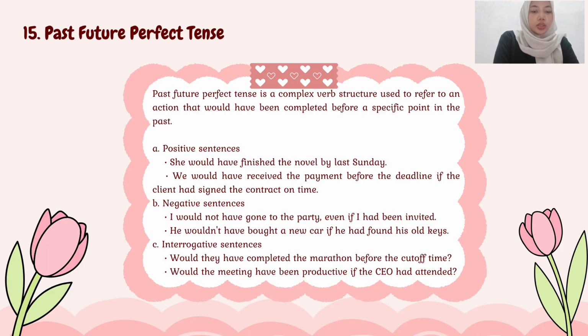And in negative sentence, I would not have gone to the party even if I had been invited. And he would have bought a new car if he had found his old key. And in interrogative sentence, would they have completed the marathon before the cut-off time? Or would the meeting have been productive if the CEO had attended?